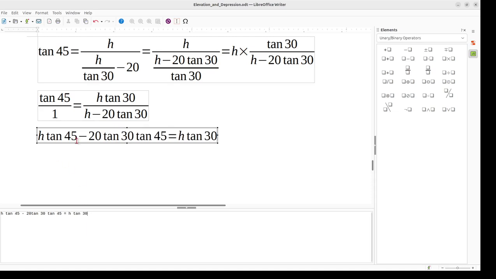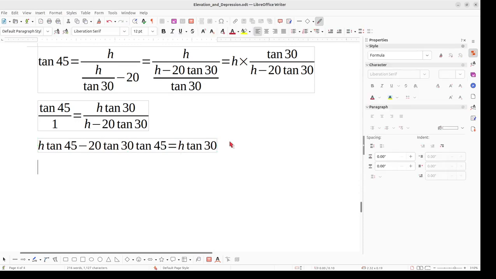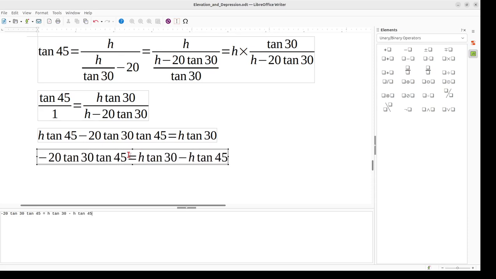Now let's take the h tan 45 to the other side. If it jumps the equal sign, it changes sign. So it's going to be negative 20 tan 30 tan 45 is equal to h tan 30 minus h tan 45.